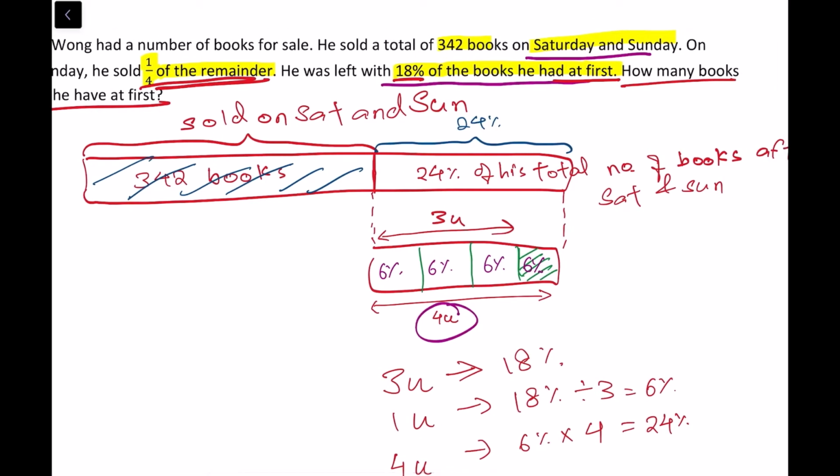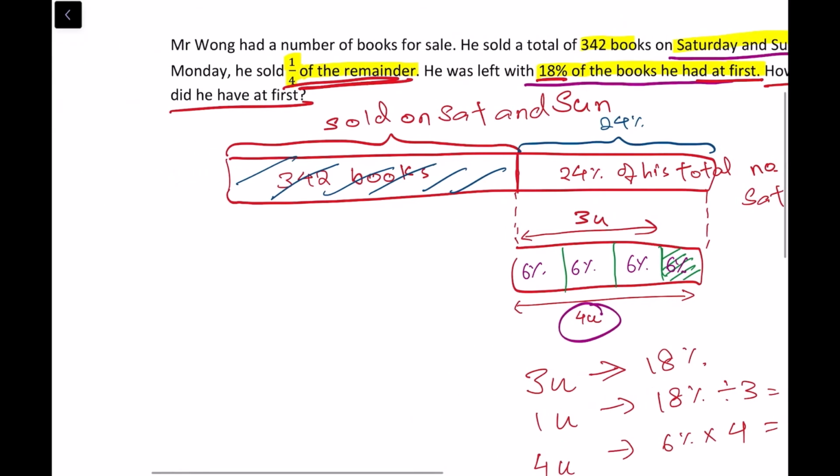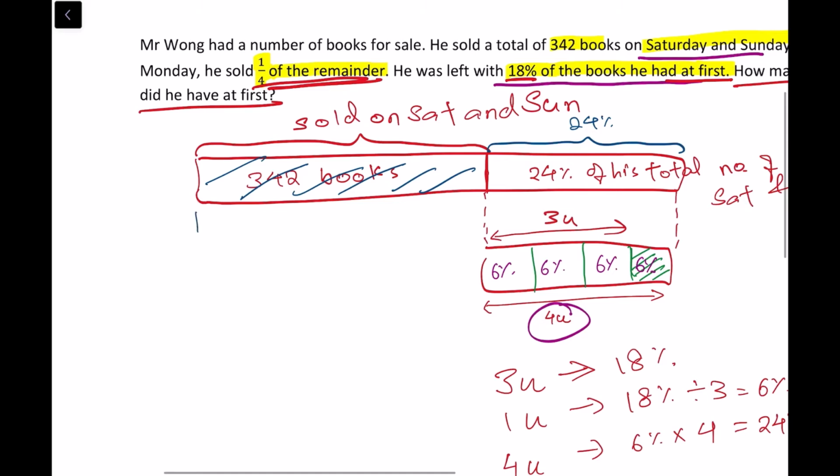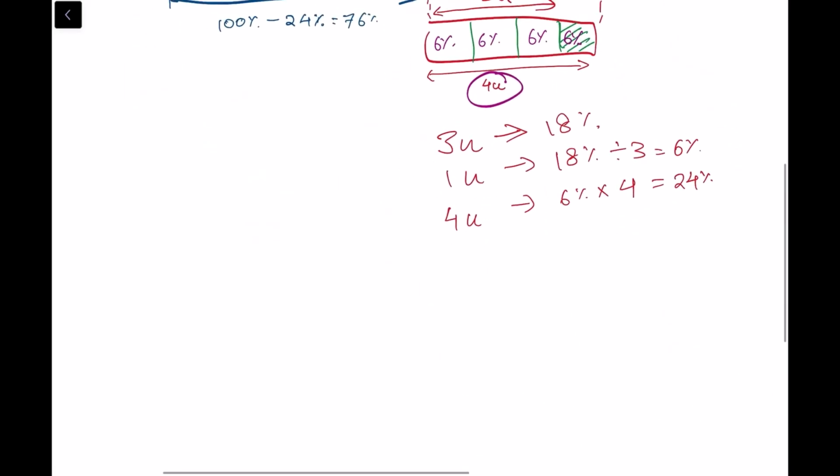If he was left with 24% of his total number of books, it would simply mean that the number of books he sold on Saturday and Sunday would have to be 100% minus 24%, which gives us 76%.